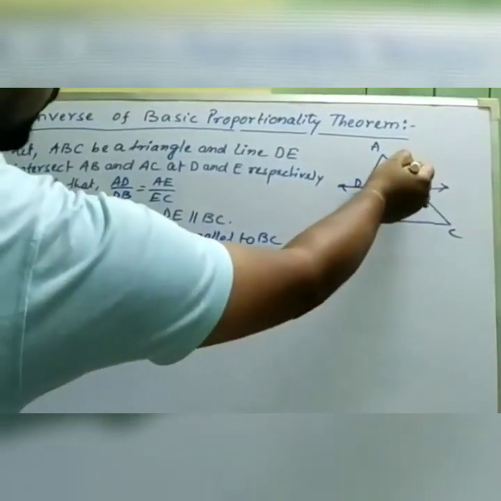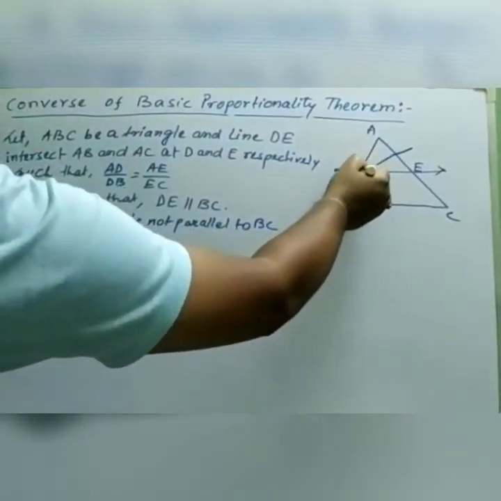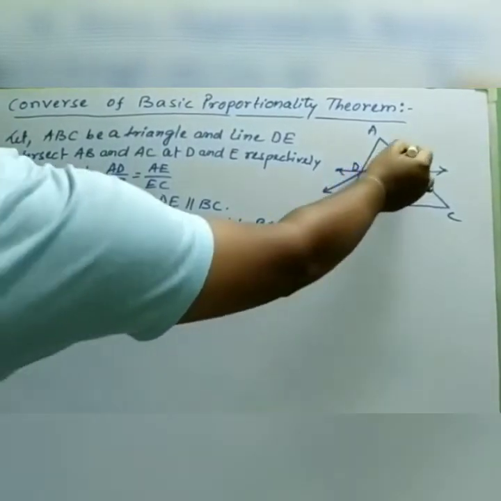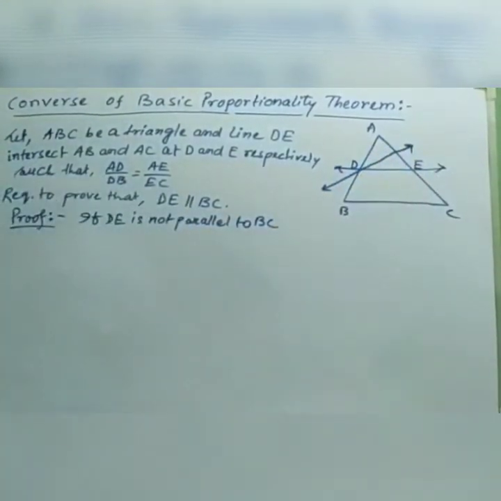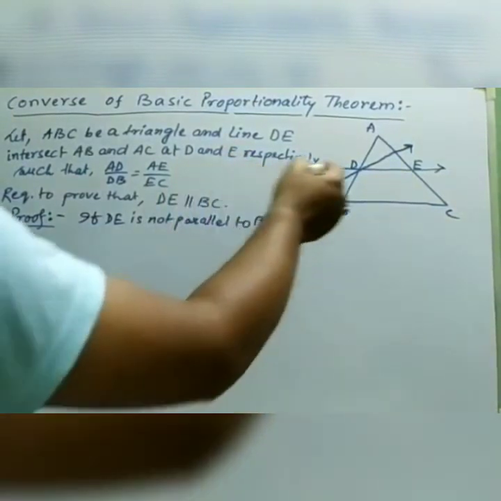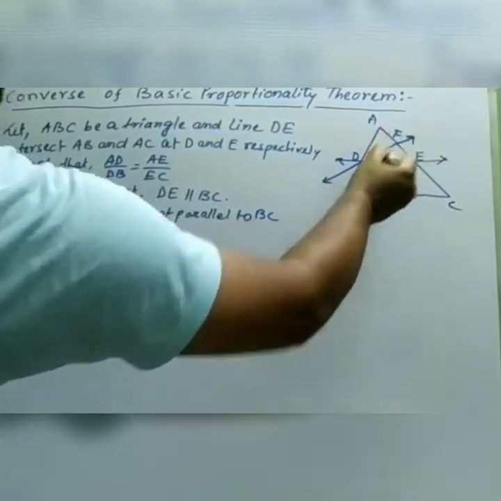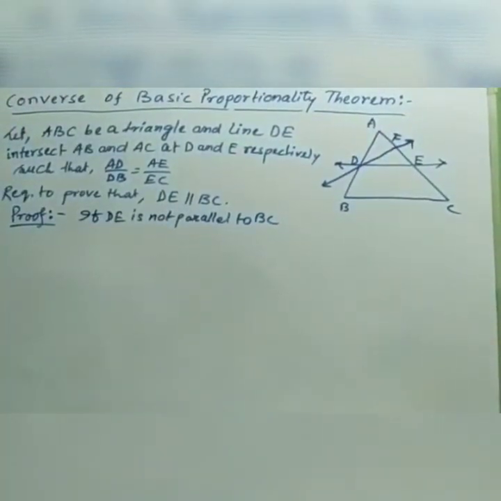That line we are taking as parallel to BC, and we name this line DF.